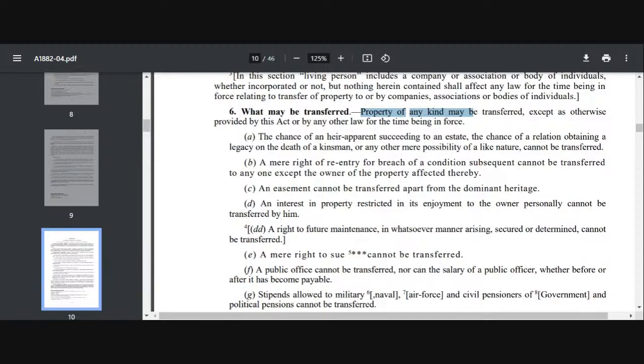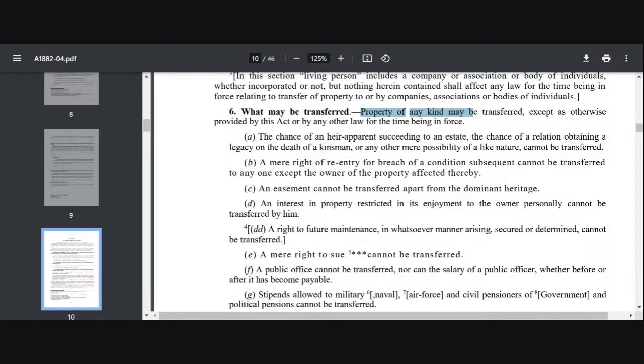Okay, under clause G. Clause H talks about transfer opposed to nature of interest. Any transfer which is opposed to the nature of interest which is created, like for example also where the transfer is for any unlawful object or consideration, or if it is made to a person who is legally disqualified to be a transferee, then such cases of transfers are opposed to nature of interest and cannot be transferred.